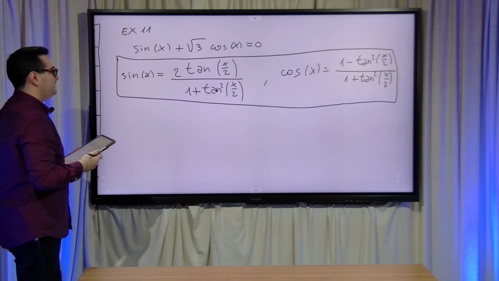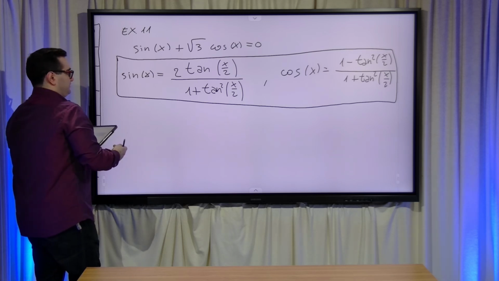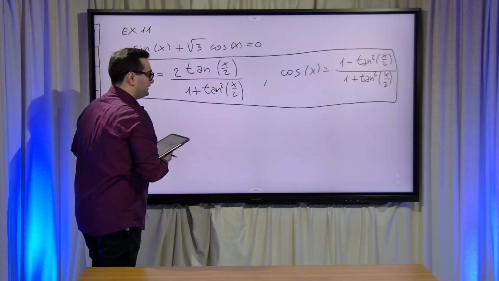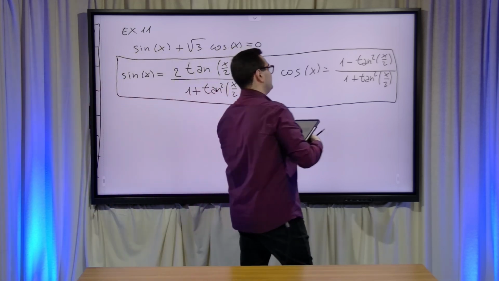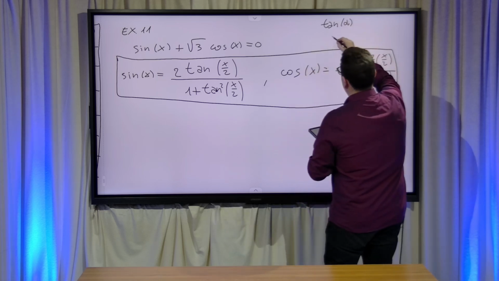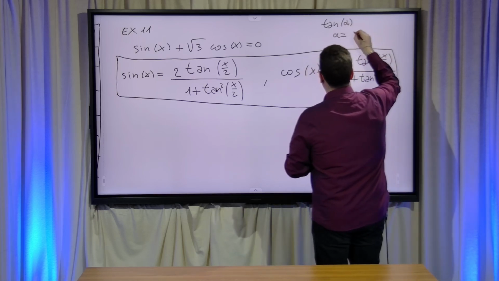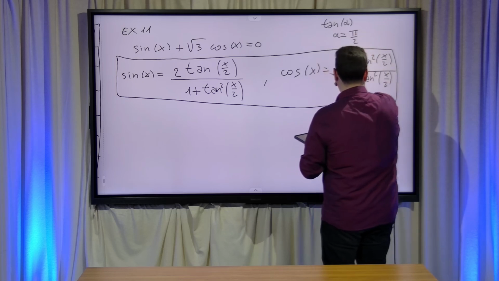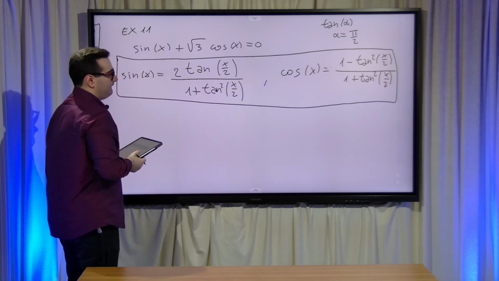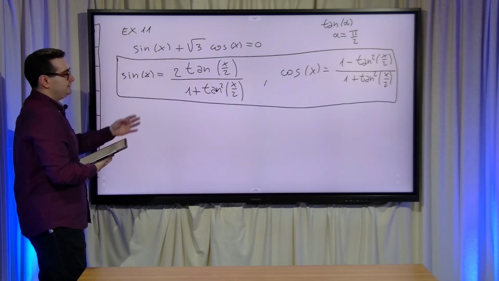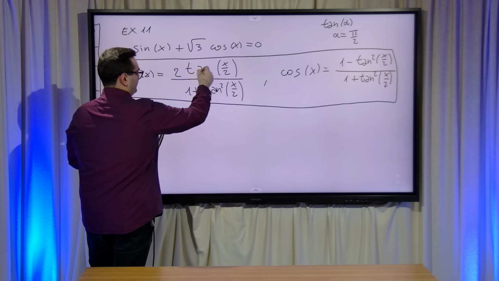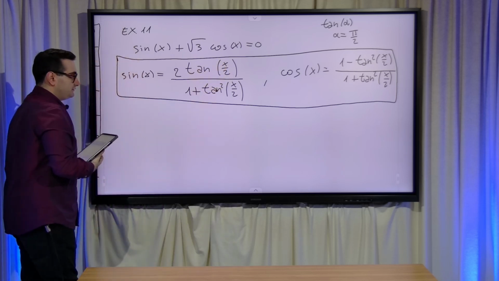But as you can see, we are switching from sine and cosine functions to tangent functions. And I will recall you that the tangent of alpha has asymptotes at alpha equals pi over 2. So, before using this formula, I have to check if the argument of the tangent is solution of the equation.